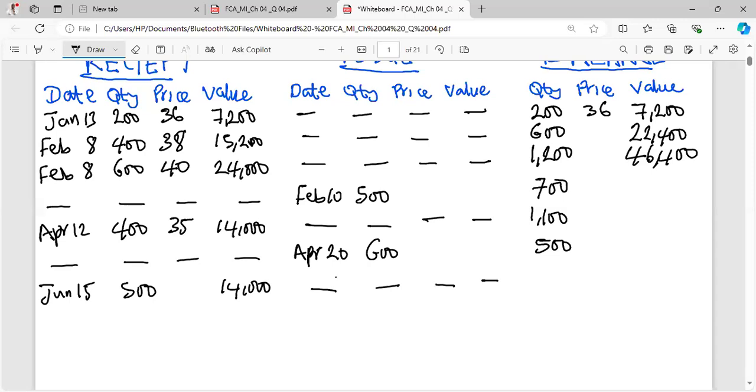So 14,000 divided by 500. That will give us 28. So that's the price we're going to write here. 28. So if we add 500 to 500, we are getting 1,000.